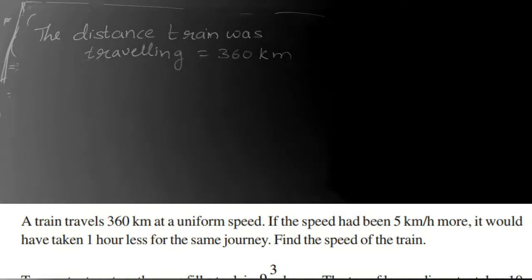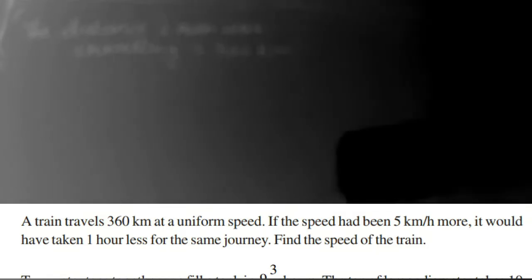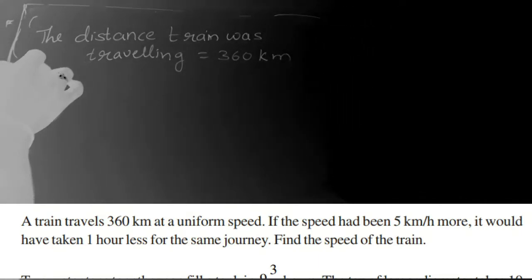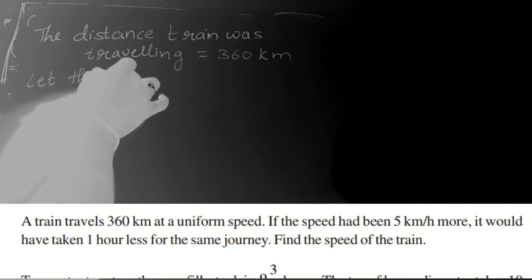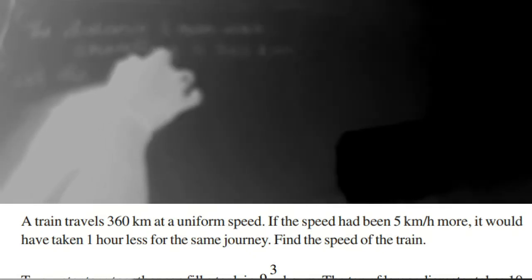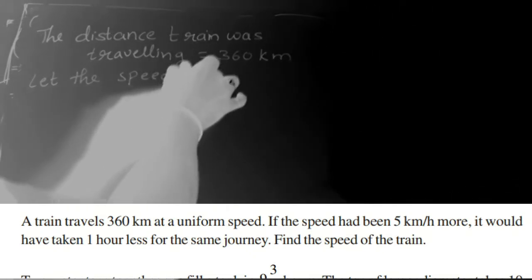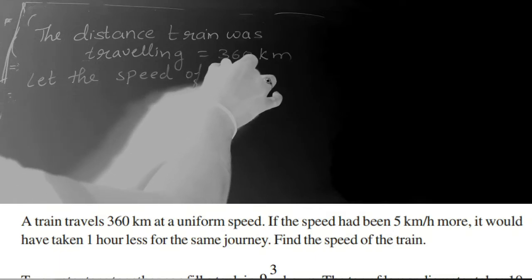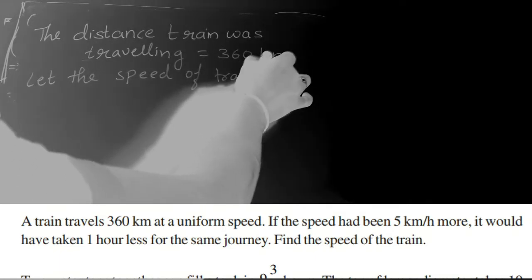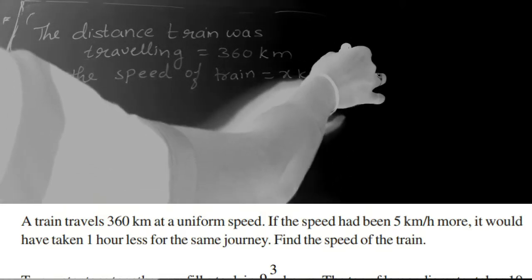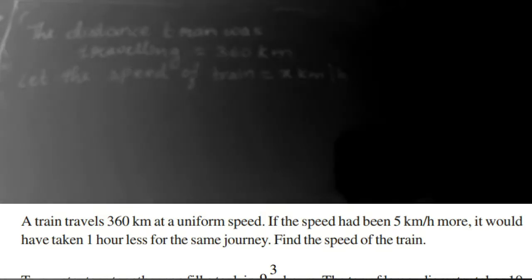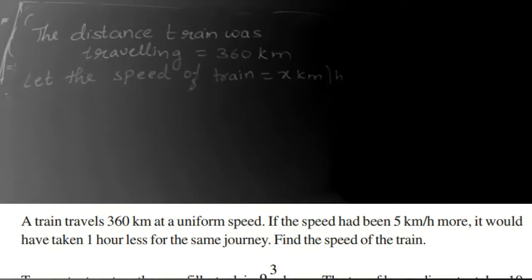He was saying that it was traveling at a uniform speed. Let the speed of this train be x kilometer per hour. So the train was moving at a speed of x kilometer per hour.